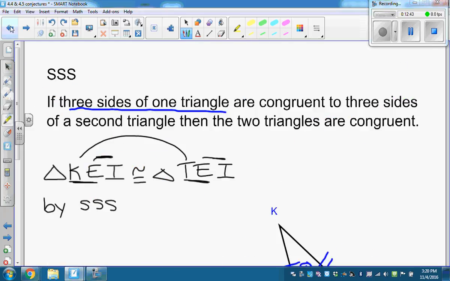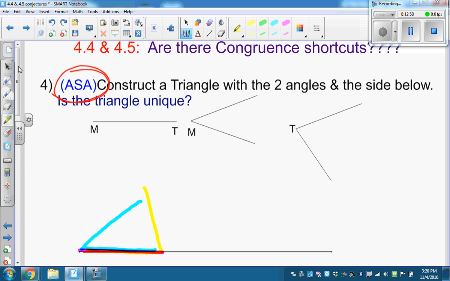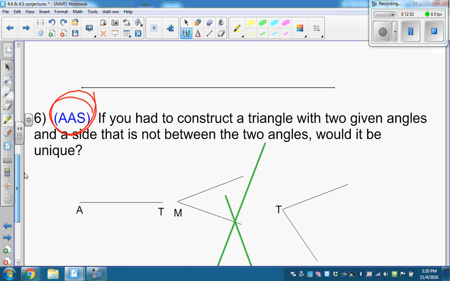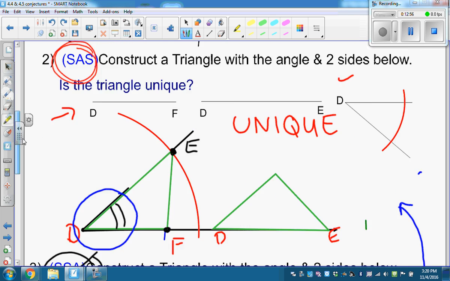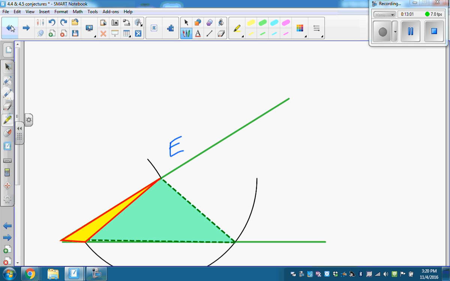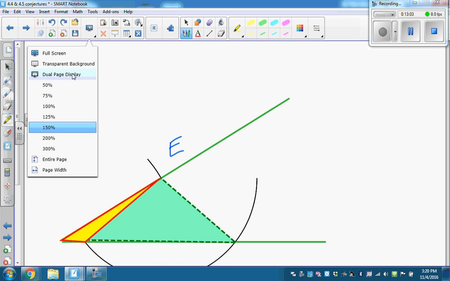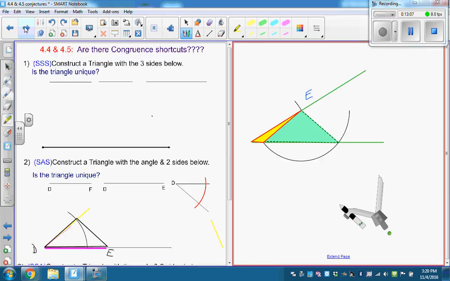Yeah, can I give you a specific example? It was what we did yesterday. It's a good question. It was this one here. I think I made it a little bit, remember this? The line was long enough to. Yeah, but you're relying on the picture. That's the problem you're having, you're focusing on the picture and you can't rely on the picture. They're purposely trying to mess with you.